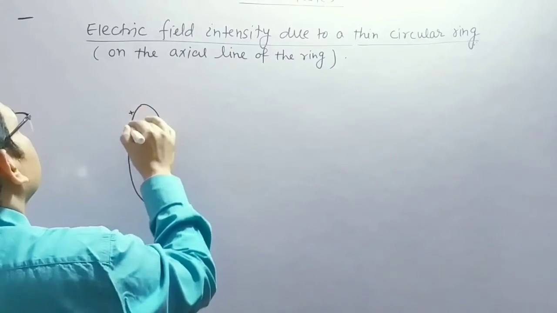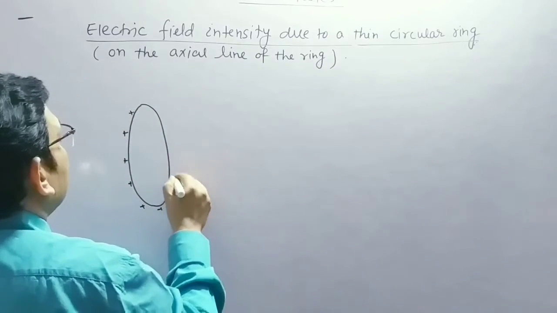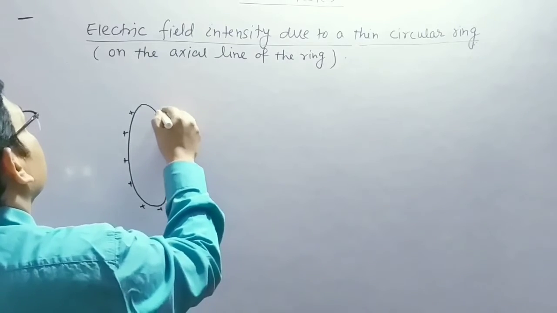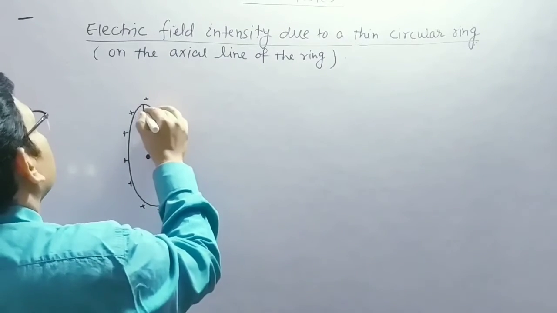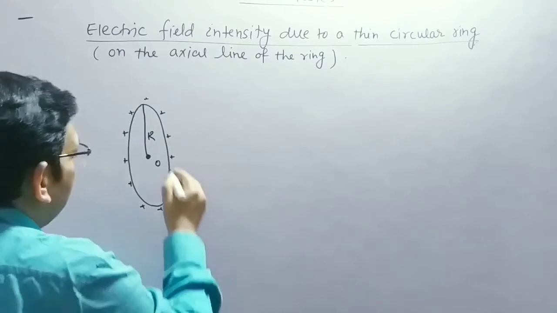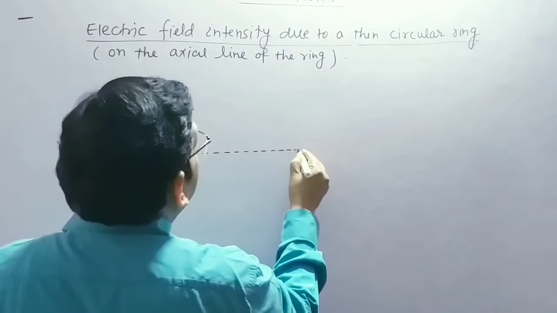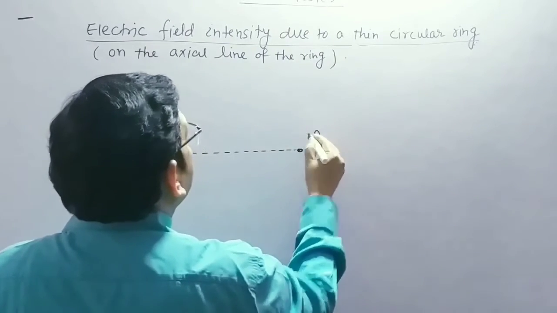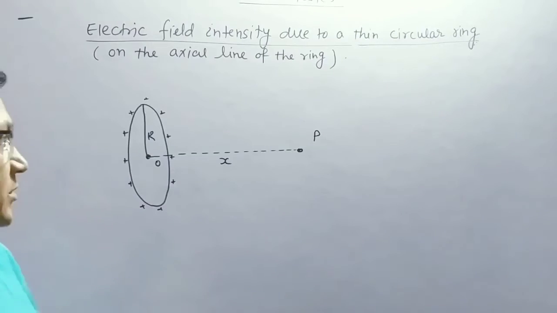The charge is distributed over the ring, so it is a case of linear charge distribution. O is the center, R is the radius, and you want to calculate the field at point P at a distance x from the center of the ring.